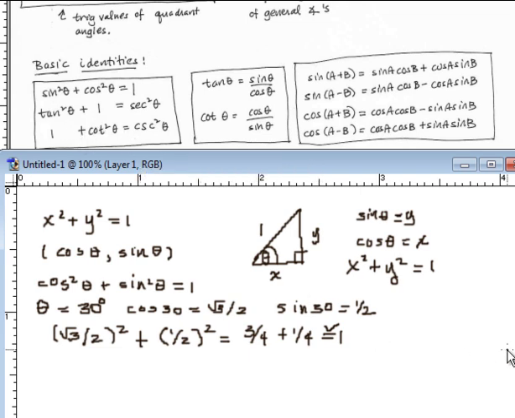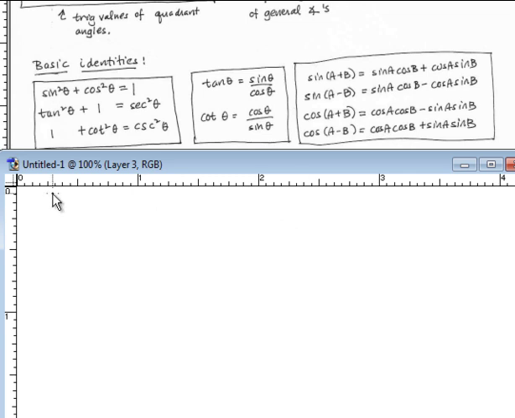Let me get a blank page here. So we believe the identity. This one we believe.